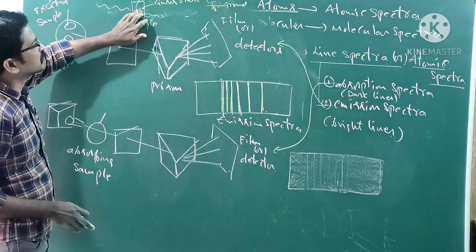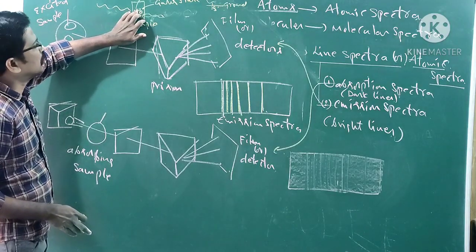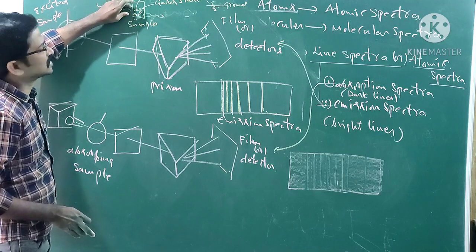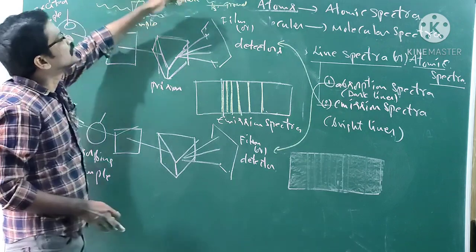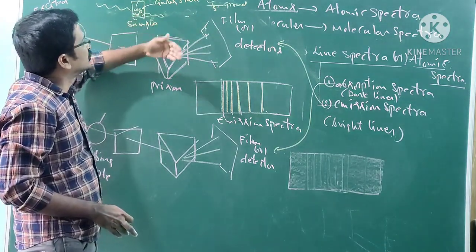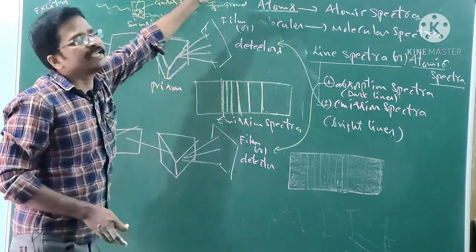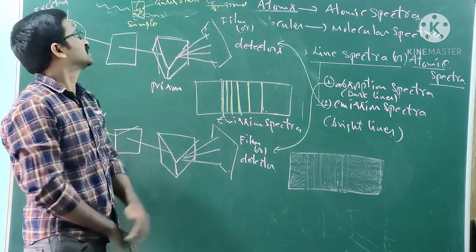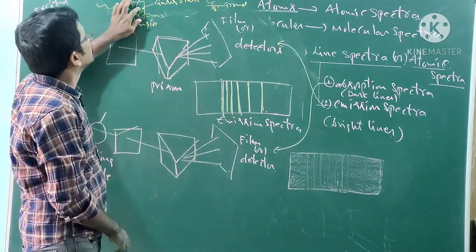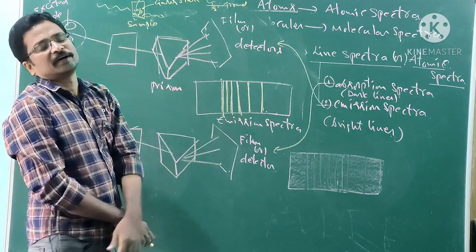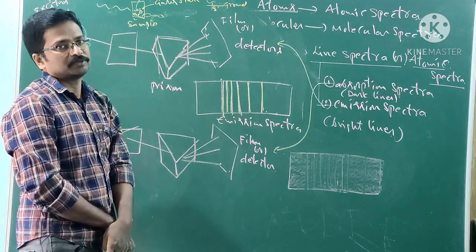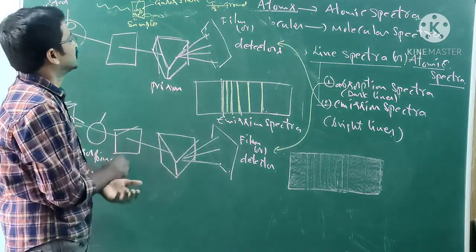Some of the atoms in the gaseous state absorbed some of the energies of the electromagnetic radiation, which is utilized for the jump from the lower energy state to the higher energy state. That is the reason why some energy is missing when light comes out of the sample.